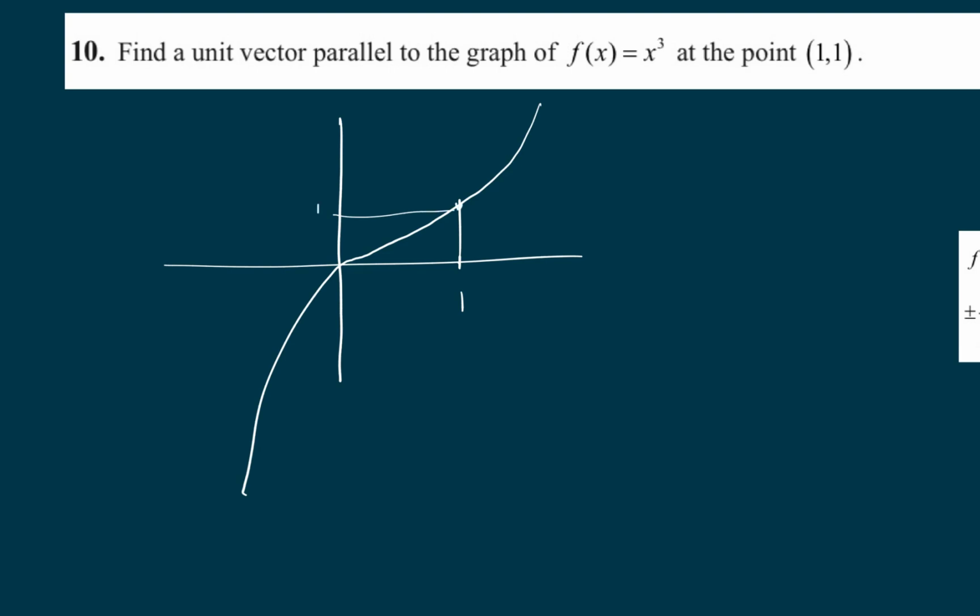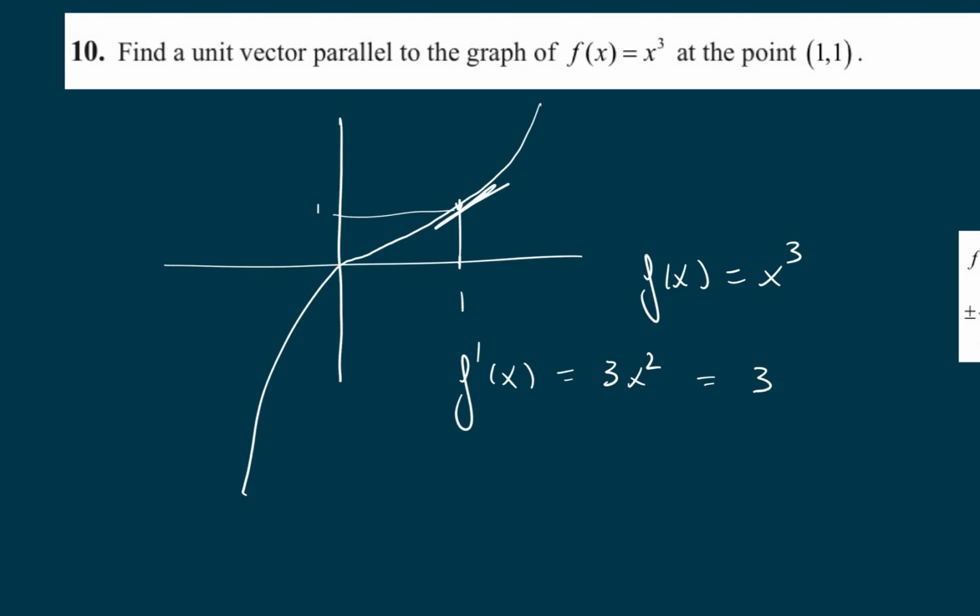at this point there is a slope. What is the slope? The slope, f prime of x of the function x cubed, is 3x squared. And the slope at the point x equal 1 is 3.